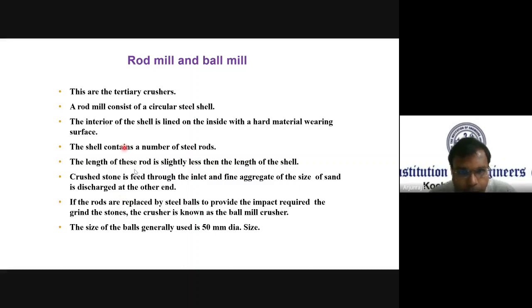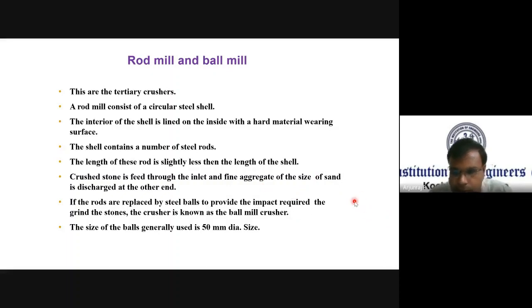Here, when you go for a rod mill and ball mill, the crushed stone is fed into the inlet, and you get the fine aggregate size of the material. It can be not only stone but also sand, even hard sand.